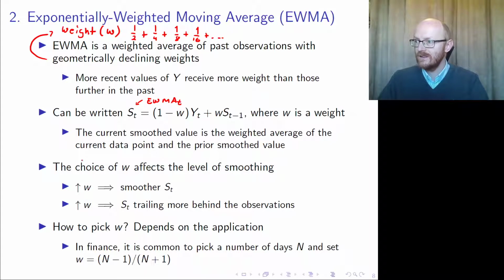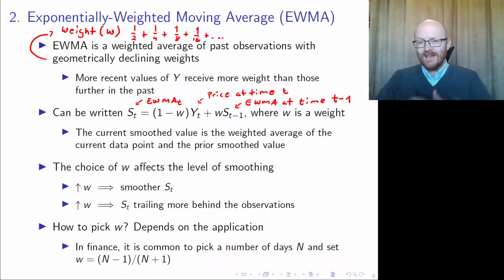Okay, that's the S. It's given as 1 minus the weight, the W, times, for example, the price at time t, plus the exponentially weighted moving average at time t minus 1, okay, last period, times the weight.